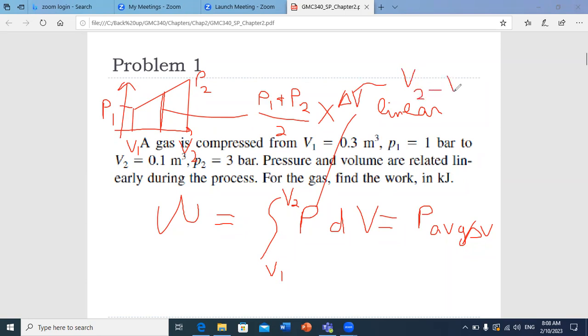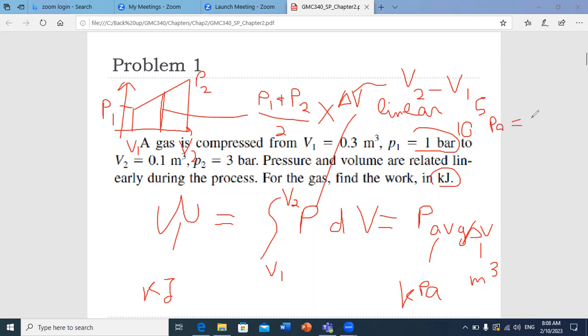Now we should pay attention to units. Since we need work in kilojoule, you can put P in kilopascal and delta V in meter cube. We know that 1 bar is 10 to the power 5 Pascal, so we can write it as 10 to the power 2 kilopascal.